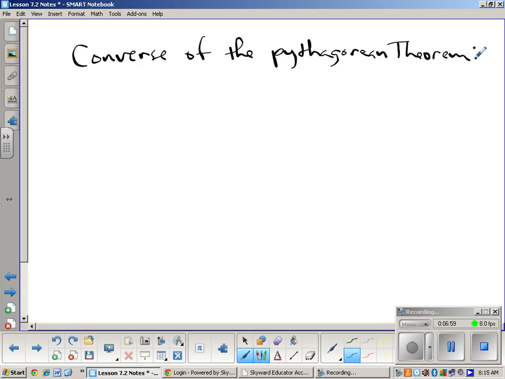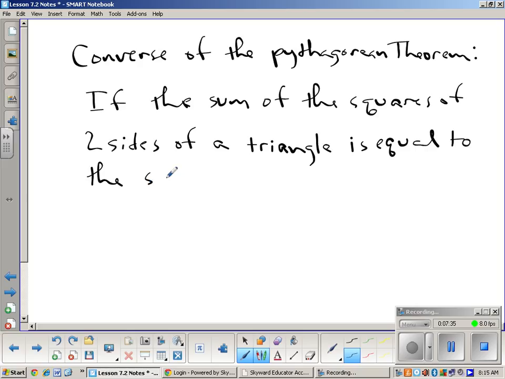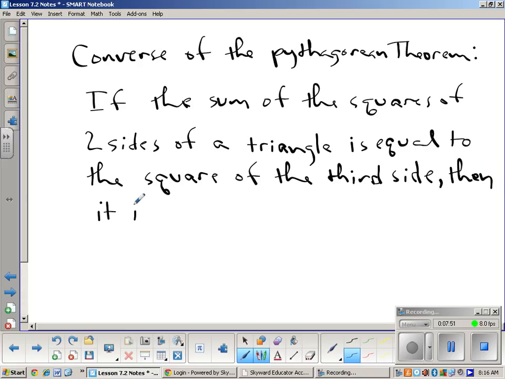Now the converse is saying, if we just have this triangle here and we don't know if it's a right triangle, but we see that the sum of the squares of two sides of a triangle is equal to the square of the third side, then it is a right triangle.